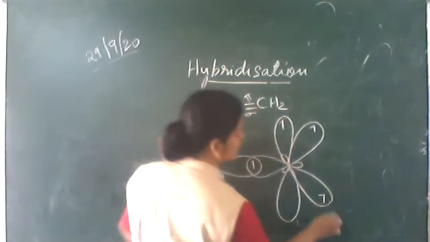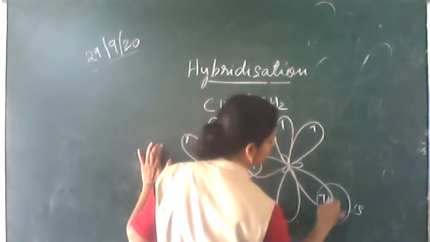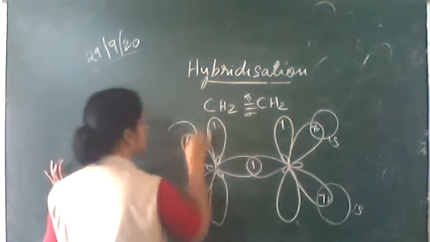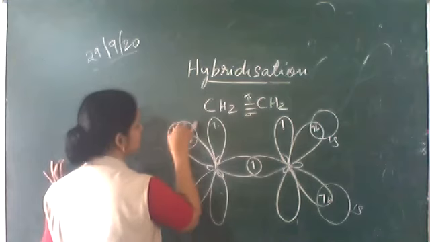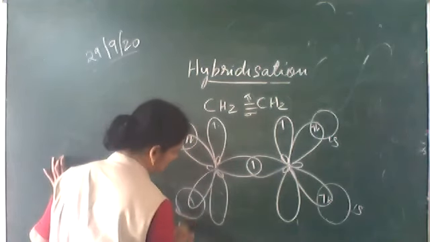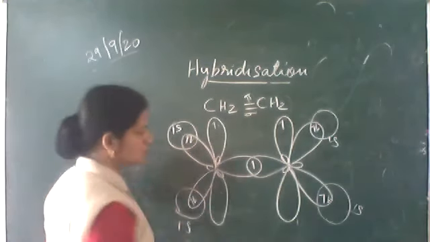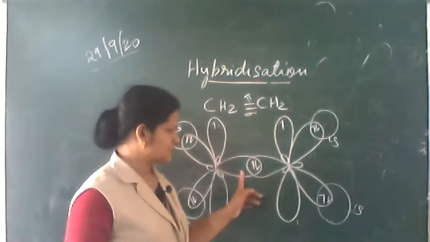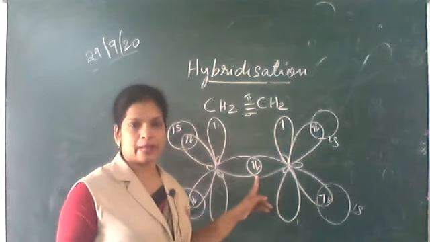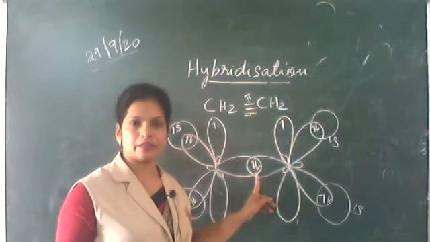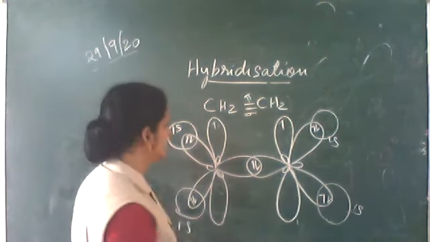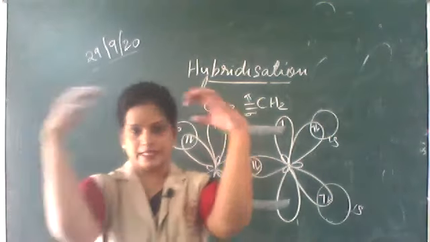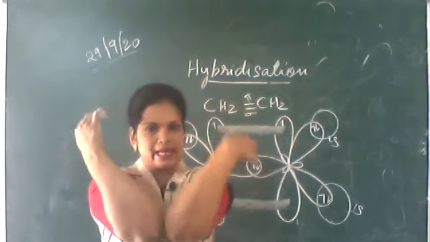And this will be overlapping with the 1s orbital of hydrogen, here, here and here. So this will be sp2 overlapping with a pair of electrons, and these will be overlapping sidewise like this and like this.